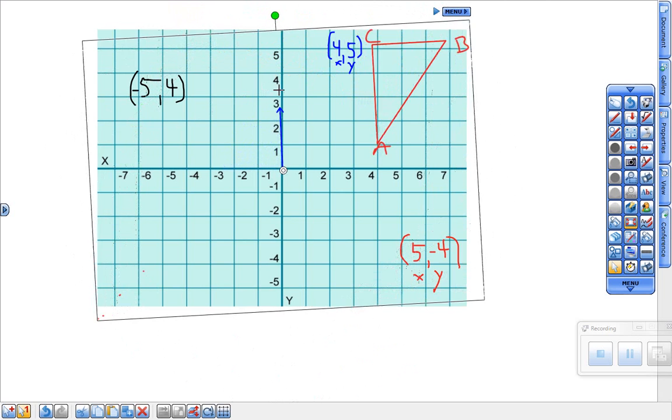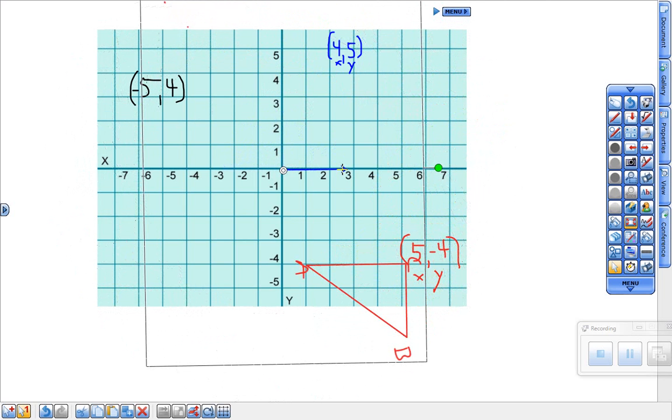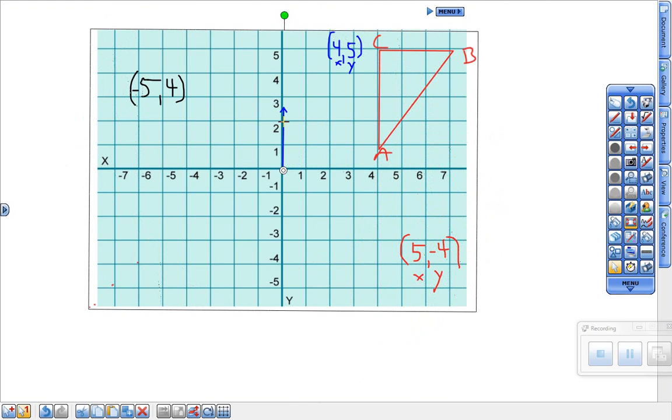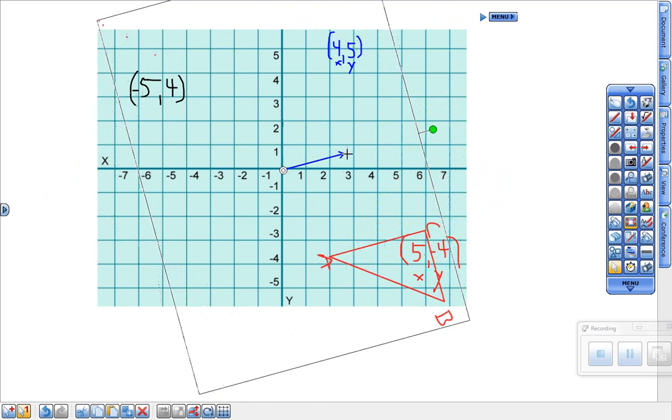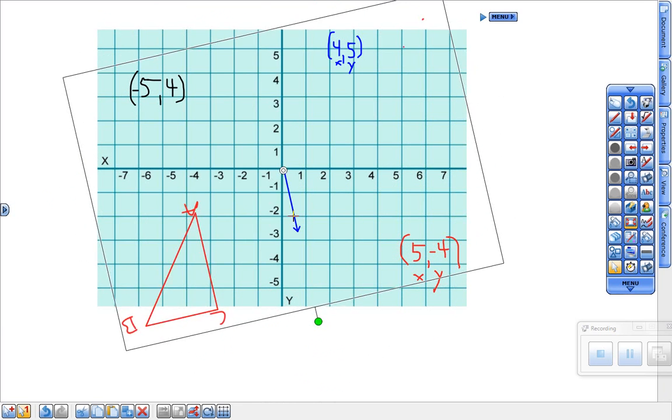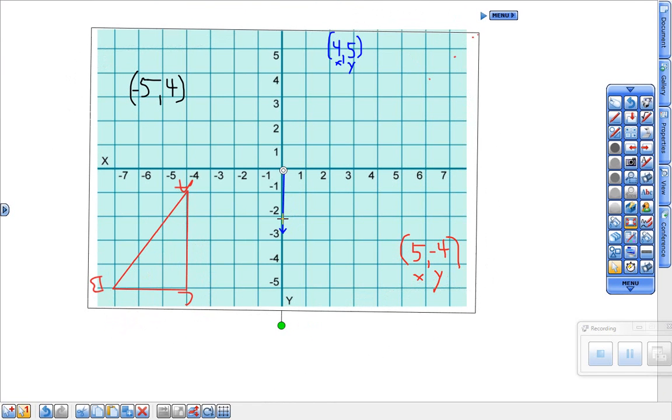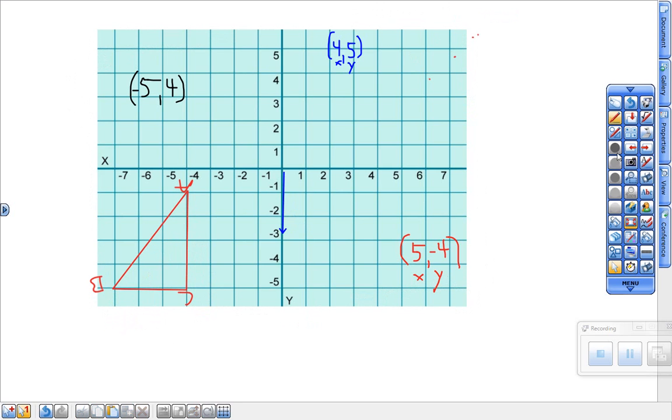If it's going this way 90 degrees, flip the point around, but make the y one negative. Of course, if I take it and move it 180 degrees all the way down, what I get is the same point but written negative. So that's the point negative 4 comma negative 5. That's what happens when I rotate that 180 degrees.